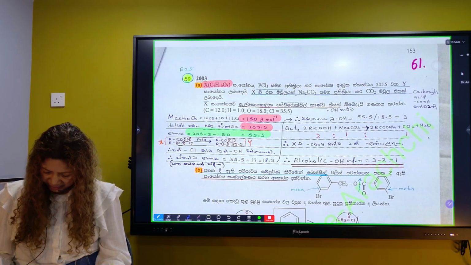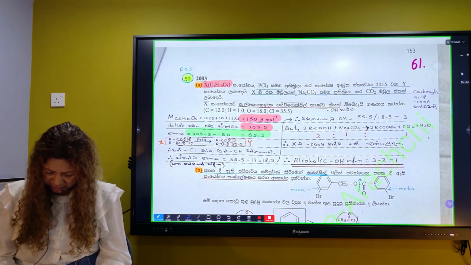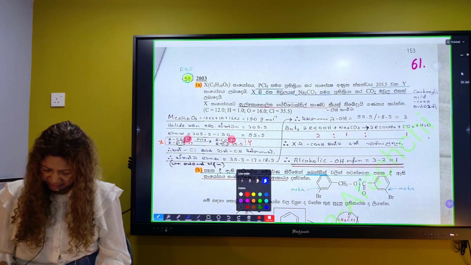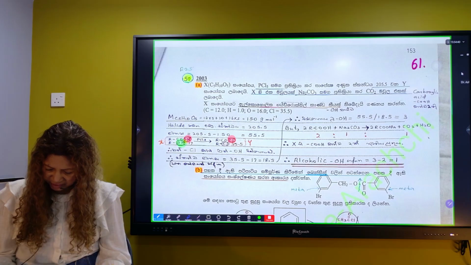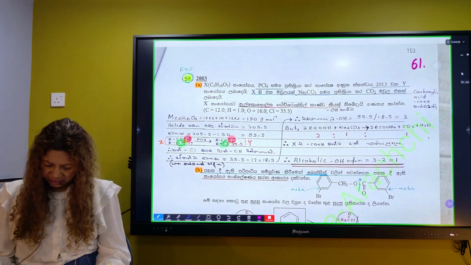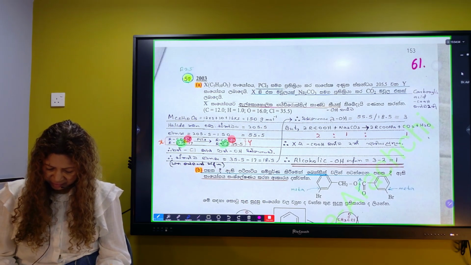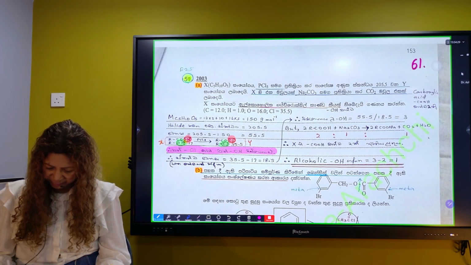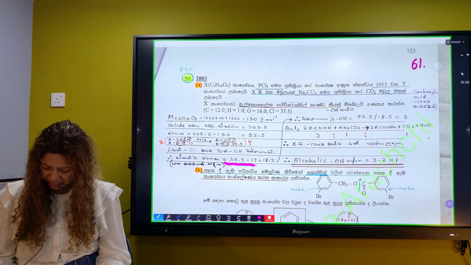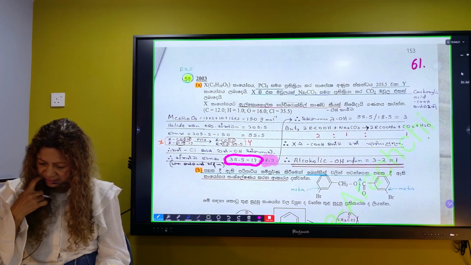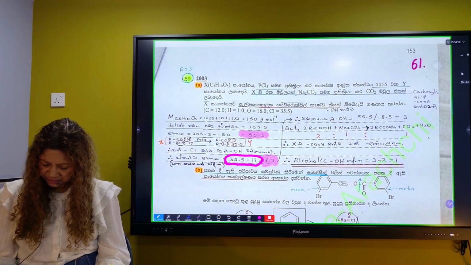So the OH leaves and chlorine joins, in the carboxylic acid, and even in alcohols, one chlorine is replaced with one OH. So the difference should be one chlorine and one OH. Between one chlorine and one OH, the difference is 18.5. But here the difference is 55.5.